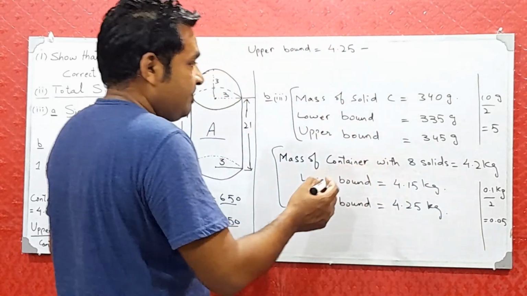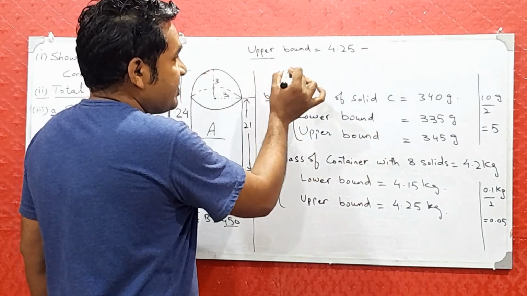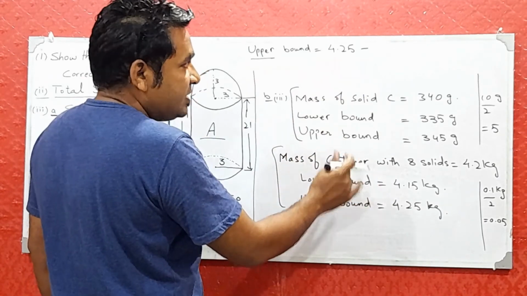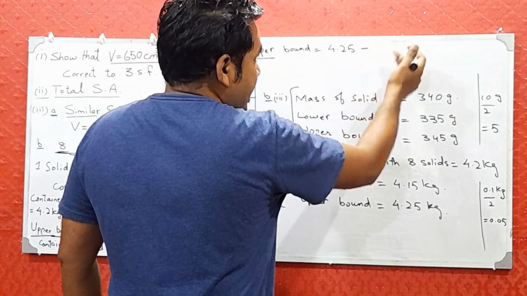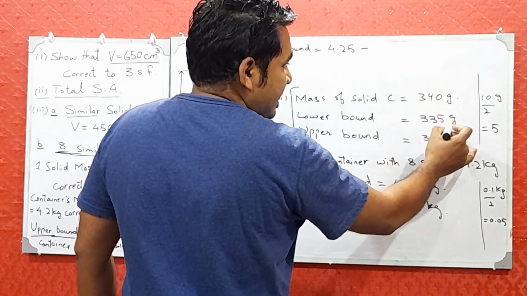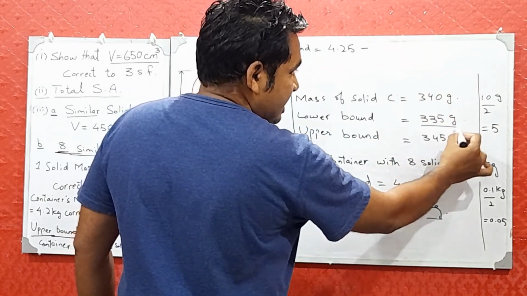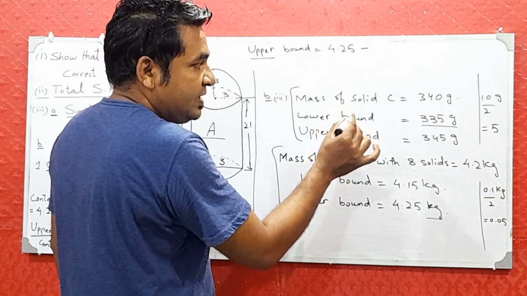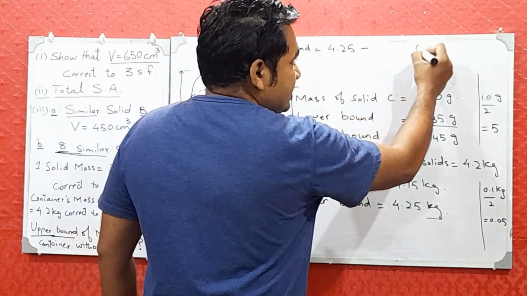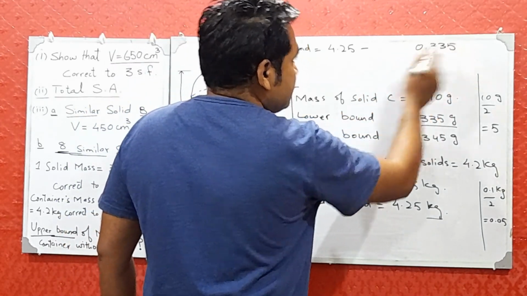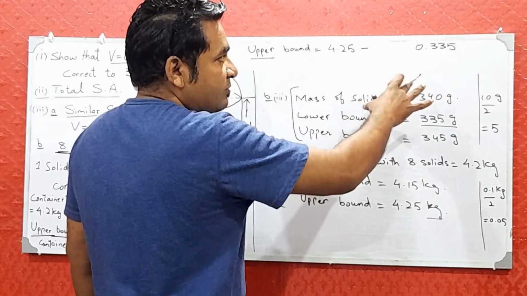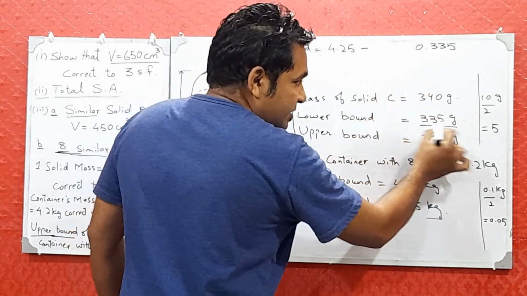So upper bound value of the container with 8 solids, minus the lower bound value, that is 335. Because this is in kilogram and this is in grams, we cannot subtract grams from kilograms, so we have to convert it into kilograms.